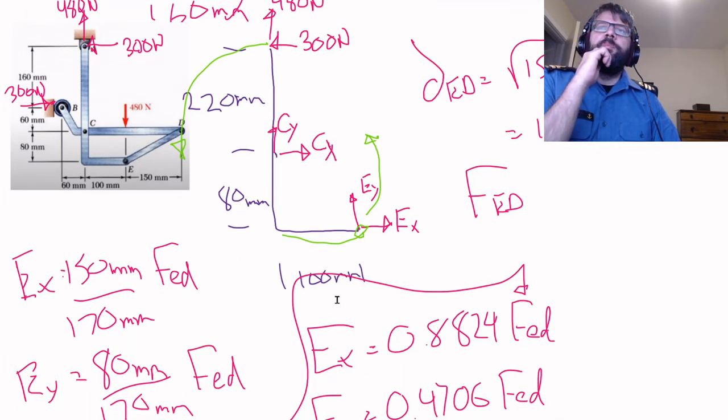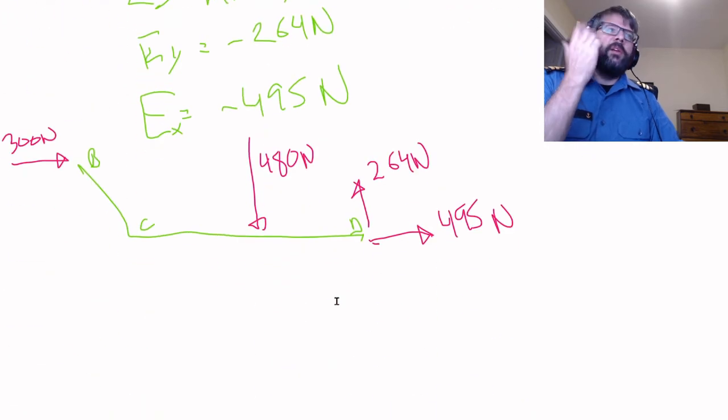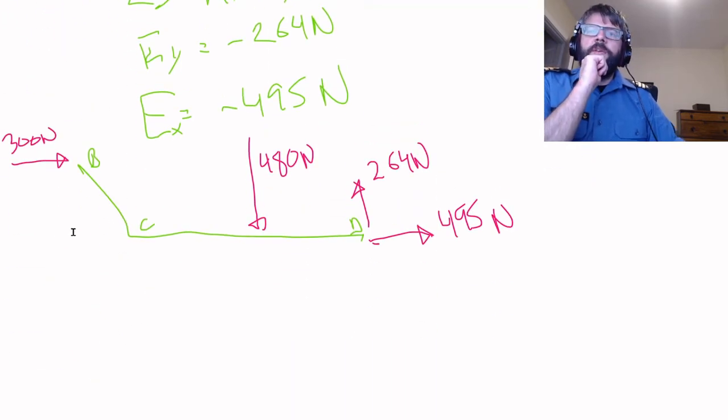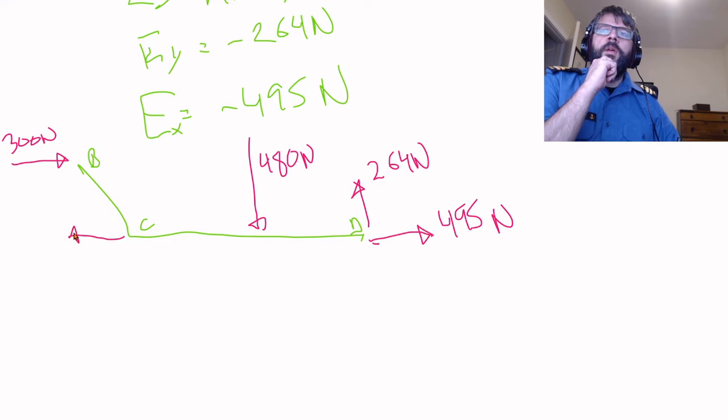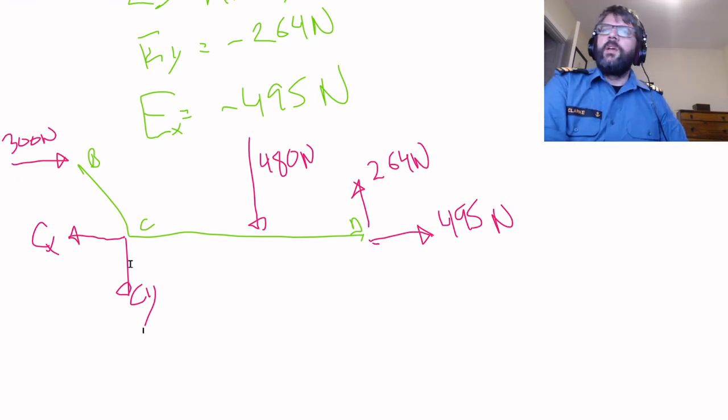So on BCD, we need to do the opposite to be consistent. So here, define this Cx and Cy.